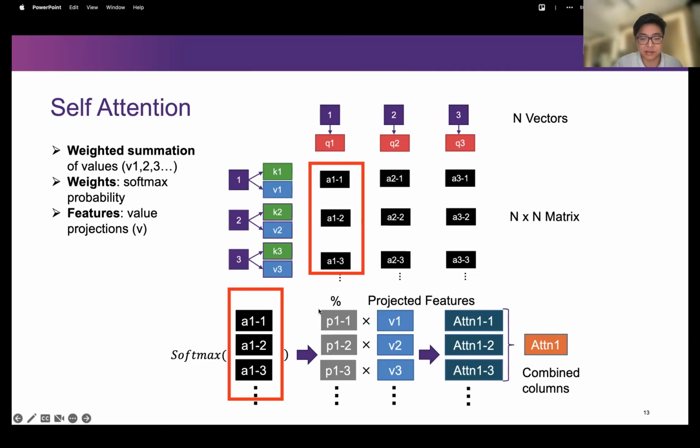So that's where the features come in, right? That's the percentage to pay attention to, and that's the features. But in this case, the features are the projected features through a dense layer, so there's a little bit of learning there as well. We end up with 3 values after multiplication, then we just simply add them up. That's going to give us 1 singular value as the output.